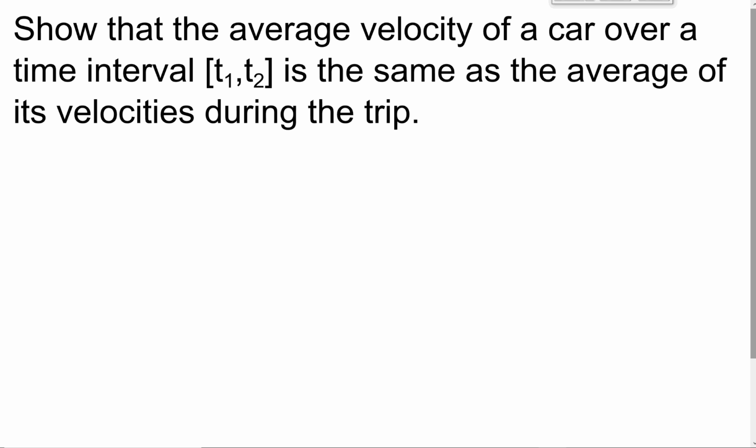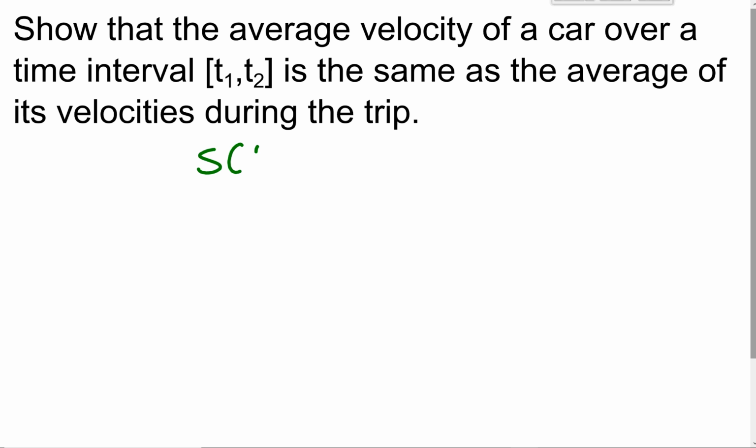All right, so here's another way to relate average velocity and our average value function. We want to show that the average velocity of a car over a time, from the start t1 to the end t2, is the same as the average of its velocities during the trip. The average velocity would be our total displacement over our total time, or our change in displacement over our change in time.